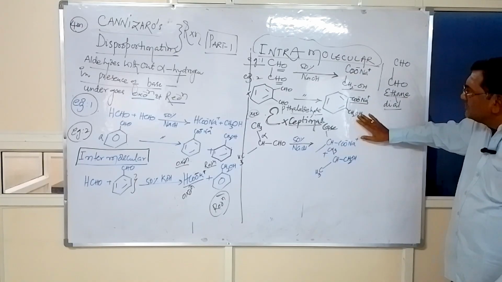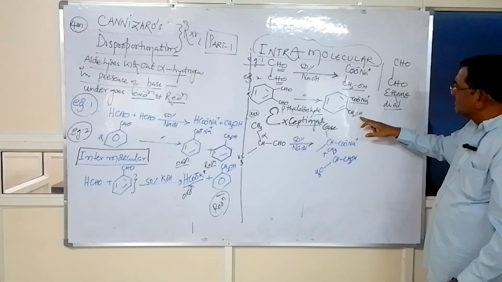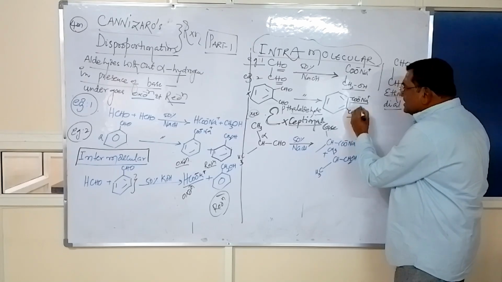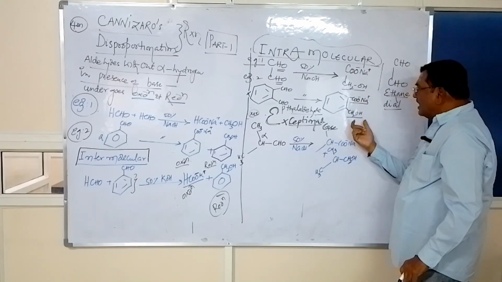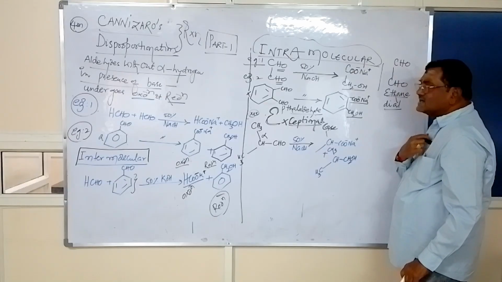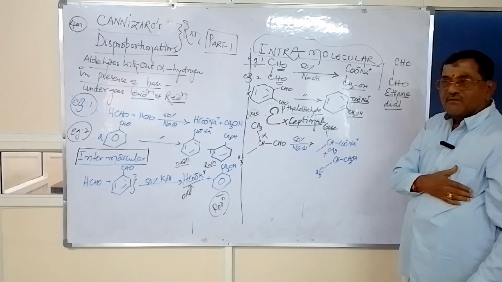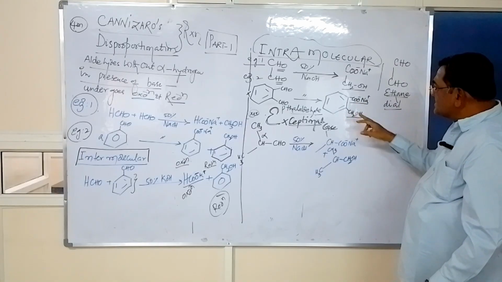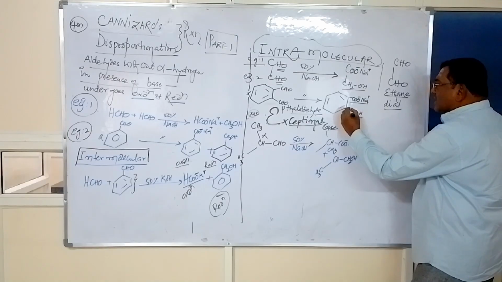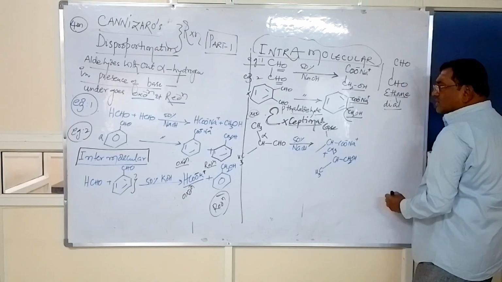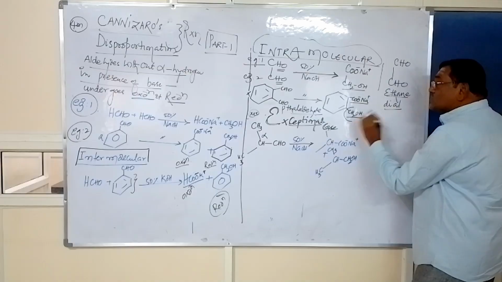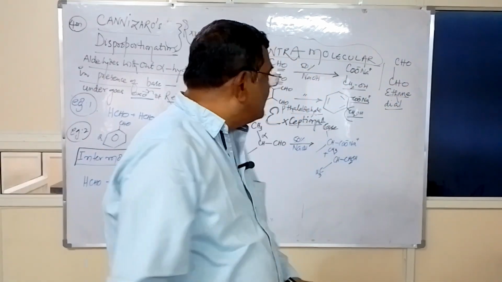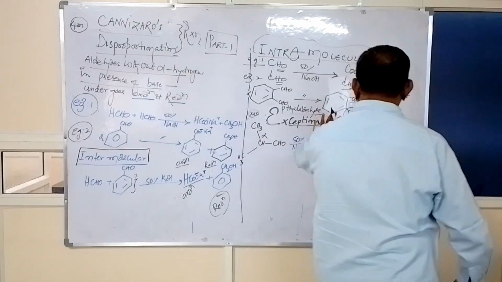One aldehyde undergoes reduction, the other undergoes oxidation. Oxidation leads to acid and reduction leads to alcohol. Tell me, children, what is its IUPAC name? As far as the carbinol group is concerned, that's known as 2-carbinol sodium benzoate. Just keep it in your mind, children.